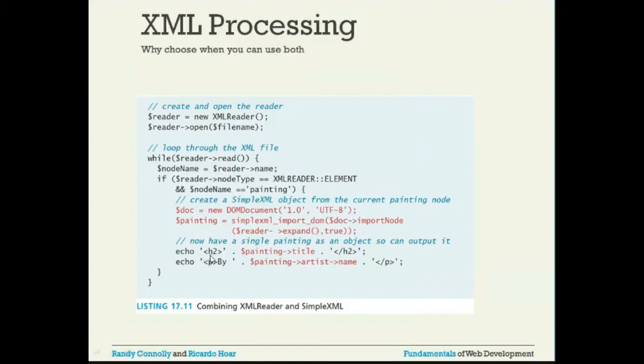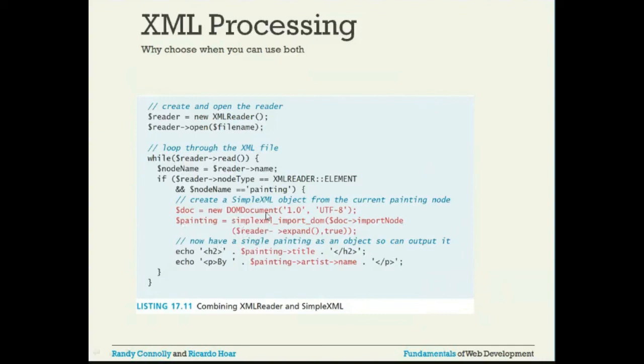Now you are printing here header h2 concatenated with the painting, and the title is displayed. And next, painting artist, inside the artist we have the name, so that is accessed using the arrow. So this is the example where both the XMLReader as well as SimpleXML are used. The only change is in this part of the code.